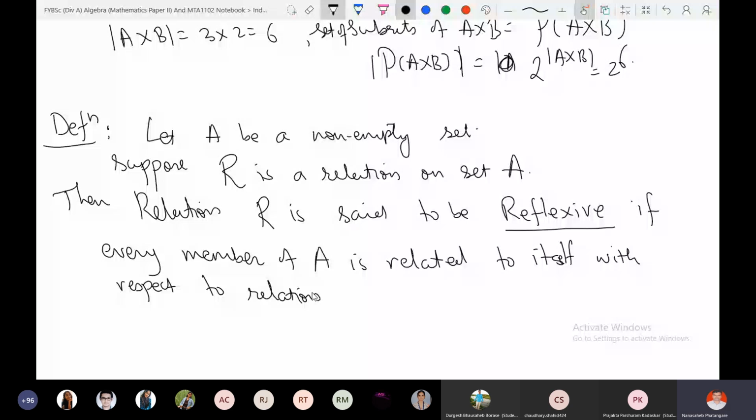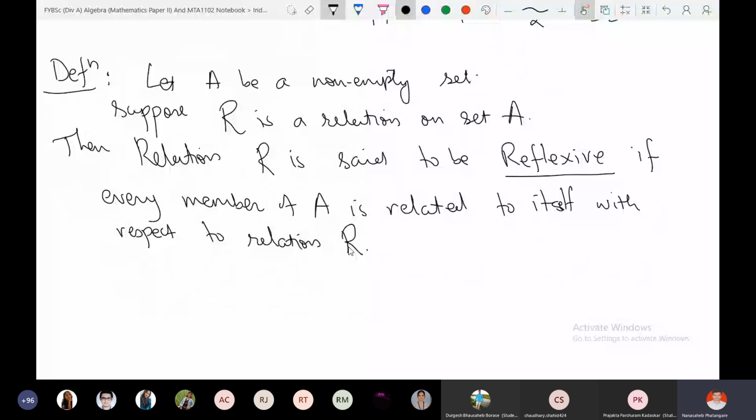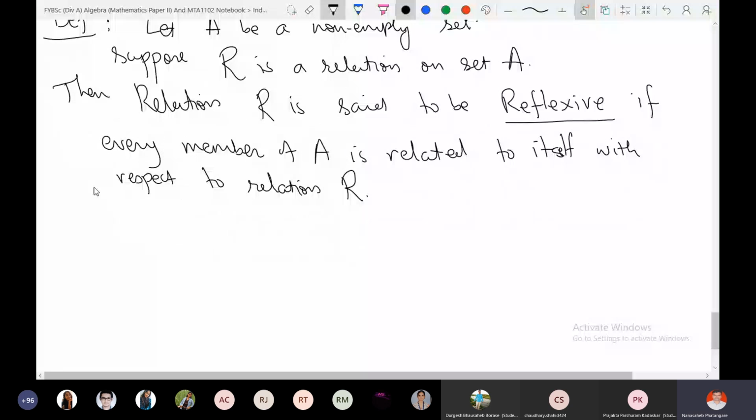So this is the definition of a reflexive relation. A relation is said to be reflexive if every member of set A is related to itself with respect to the relation R. So let me give you an example. Suppose my set is {A, B, C}.